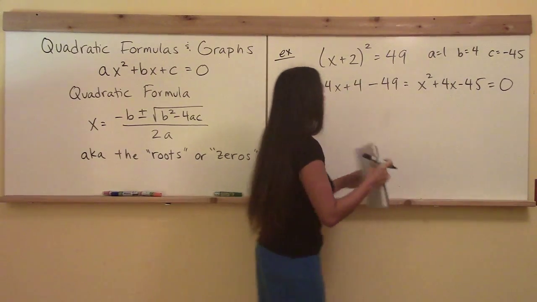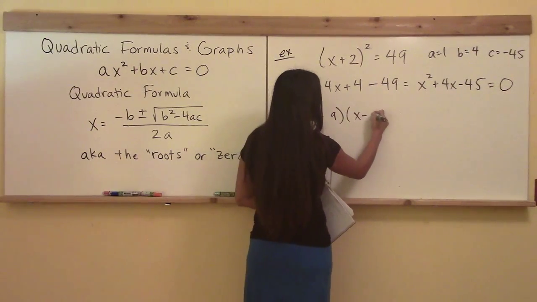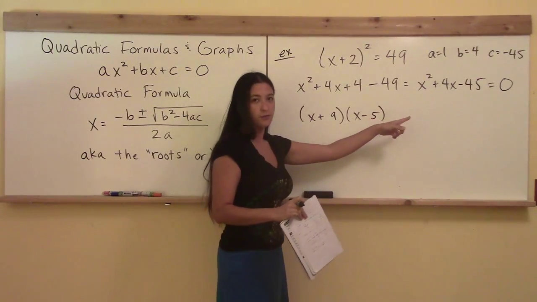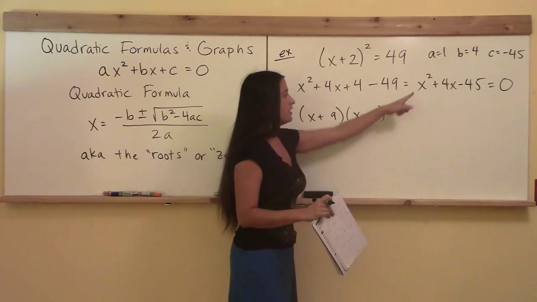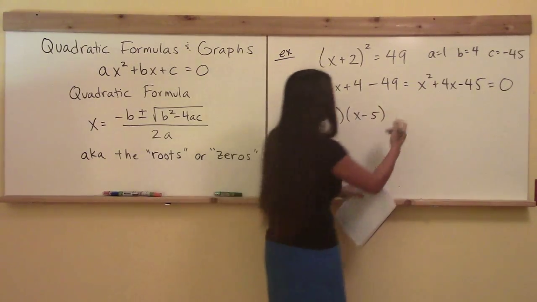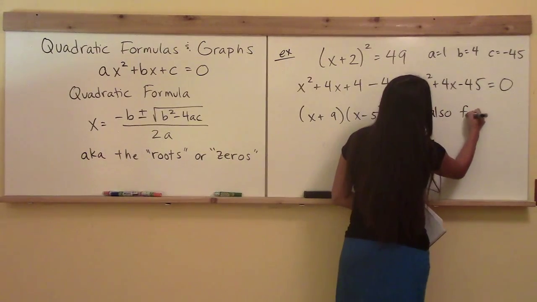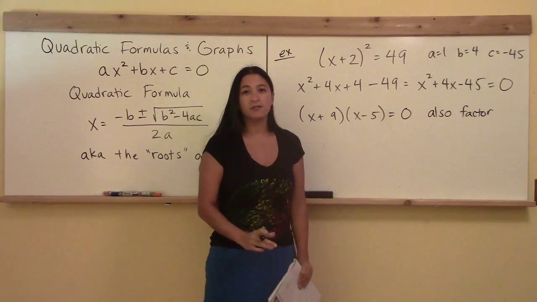Okay, so if I make it like this, x plus 9, x minus 5, you can see that 9 times minus 5 will be minus 45. And then when I add it, positive 9 minus 5, I get positive 4. So this is actually the factored form. So you could also factor. You don't have to factor now, though.